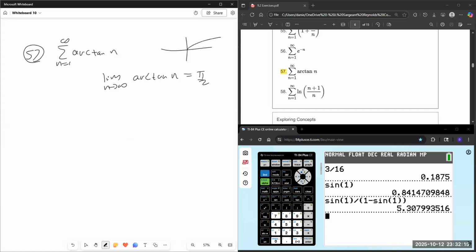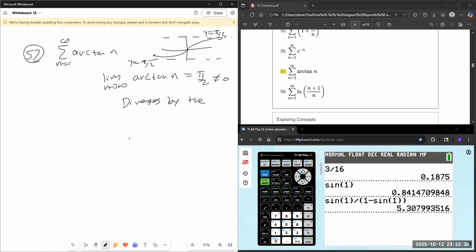Remember, the arc tangent approaches a horizontal asymptote on the right of pi over 2 and a horizontal asymptote on the left of negative pi over 2. And that's not equal to 0, so it diverges by the nth term test for divergence.